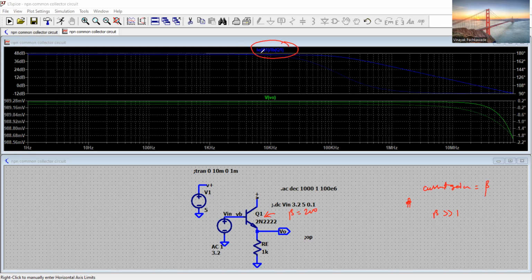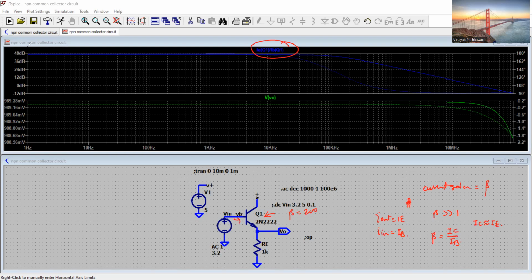Output current is your I out, which is your IE, and input current is your base current, actually, right? And that is IB. So that's why we take a ratio of it, right? Neglecting the base current, in fact beta is IC over IB, right? And we can say that IC is approximately equal to IE right here.